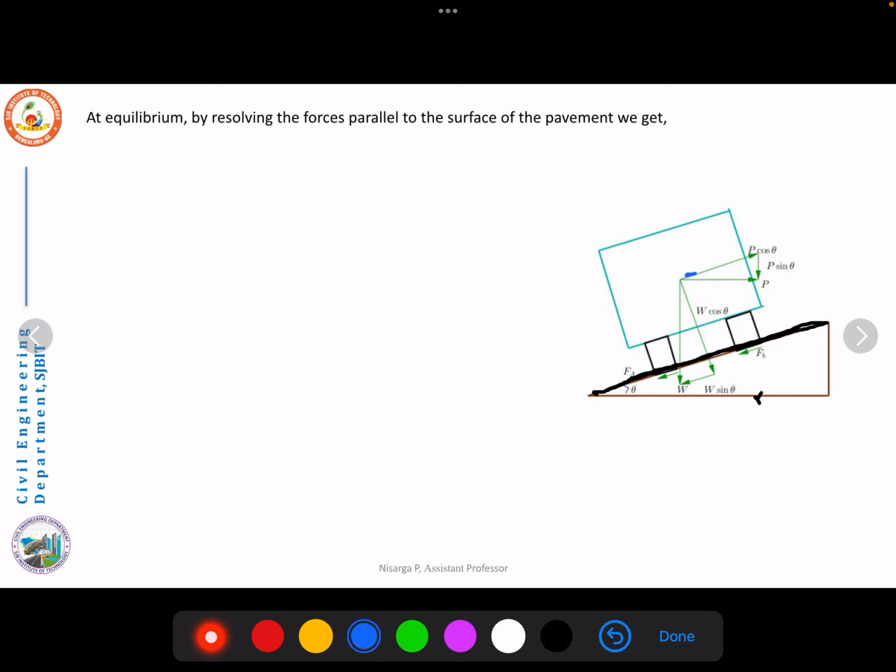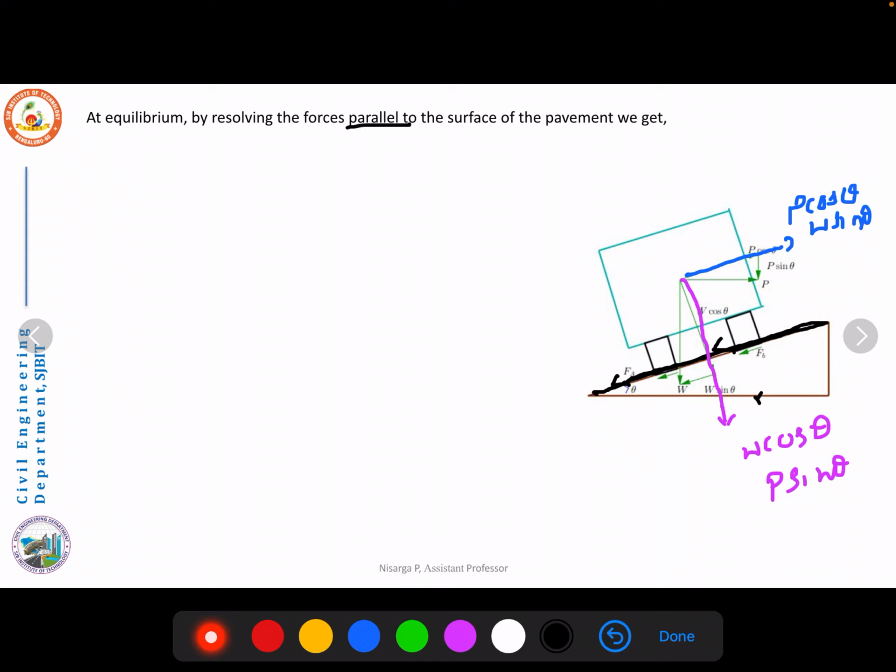In the horizontal direction we have two components, P cos theta and W sin theta, and similarly in the vertical direction we have two components, W cos theta and P sin theta, and along with that we have components Fa and Fb to resolve.